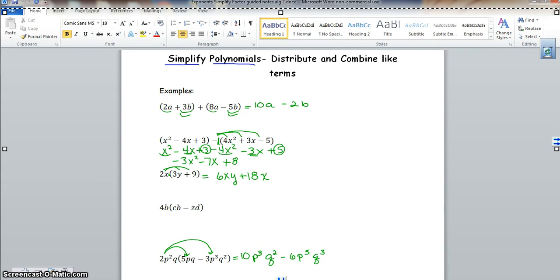And we want to look and see if we have any like terms, just to be on the safe side. In order for it to be alike, our variables must be the same and our exponent. And even though we have a P here and a P here, they are not alike because this is a 5 and this is a 3. And the Q's, same scenario, so we're good.